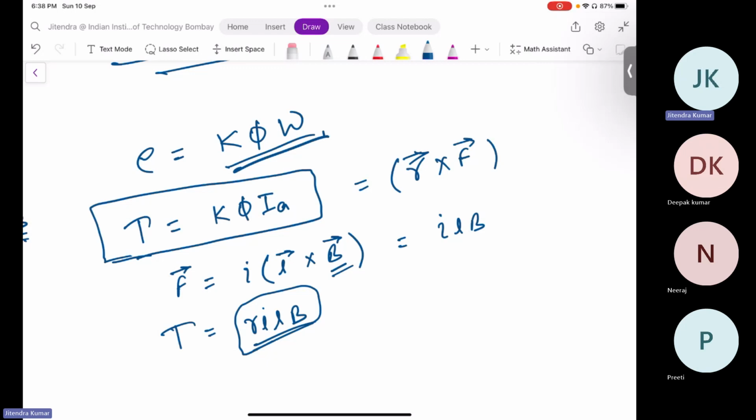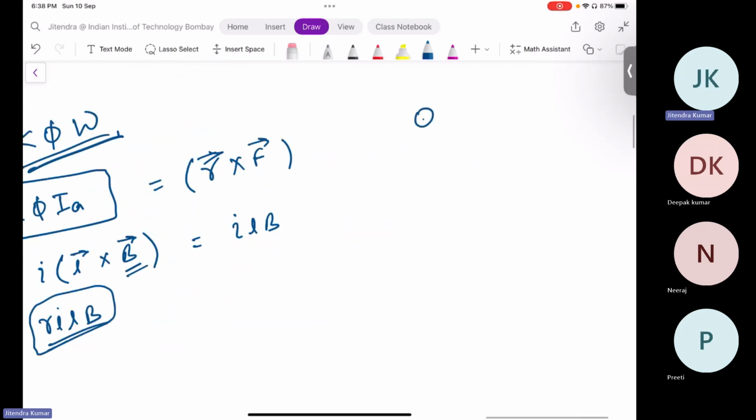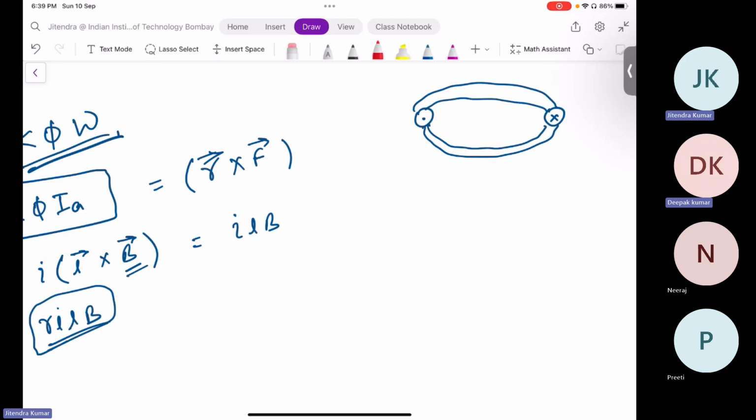This much amount of torque is induced in one conductor of a coil. You understand the difference between coil and conductor, right? If there is this coil with dot and cross, they will make a coil with the help of number of turns. This portion is the conductor, and this portion is the coil.